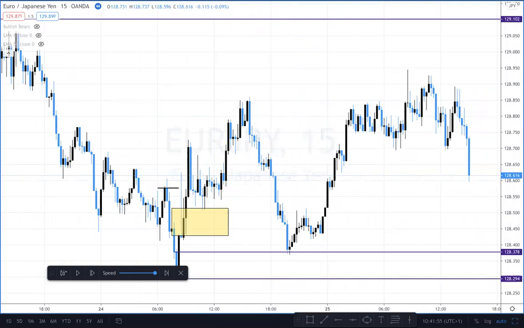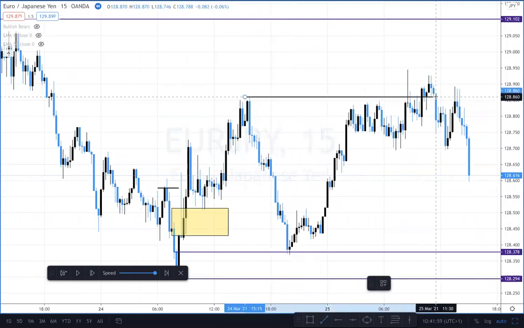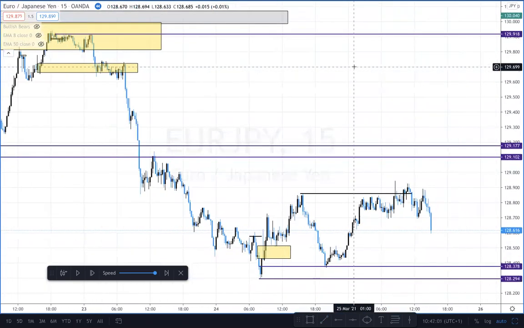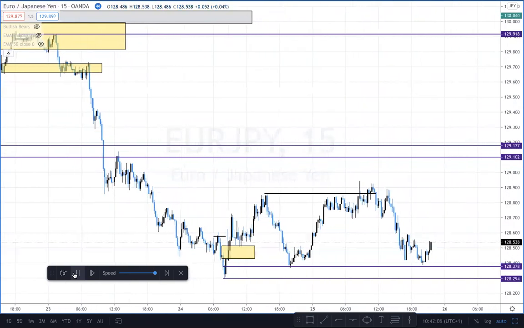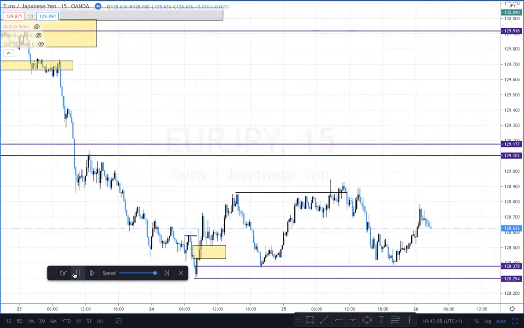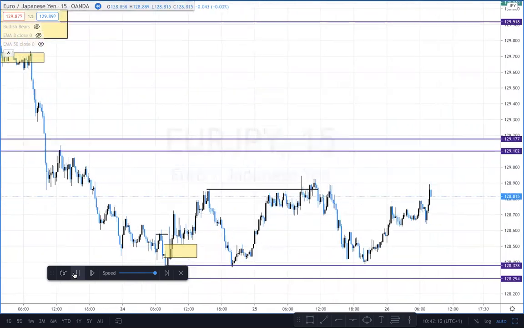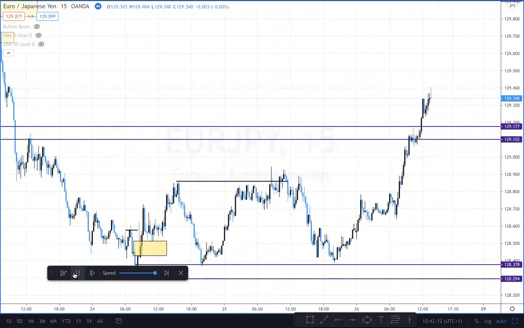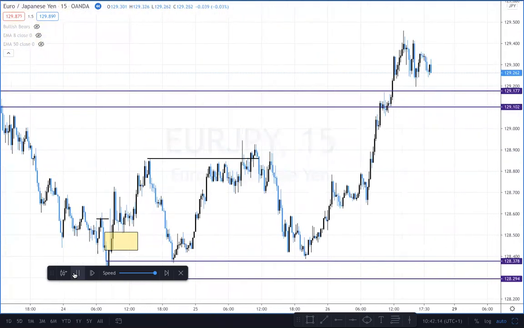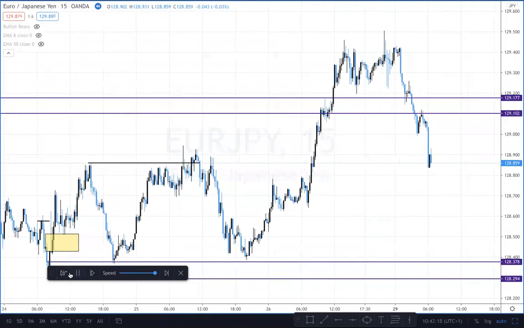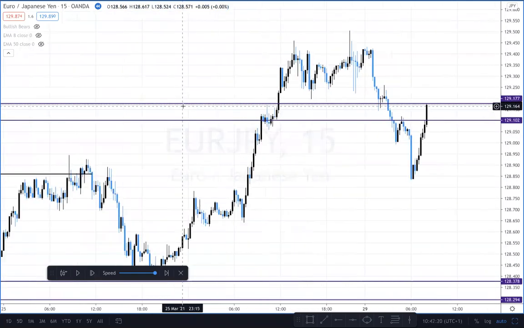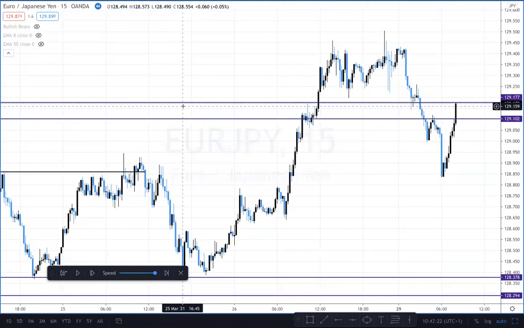Your first target up here. You've hit your target with that same pair. And there you go. Some more profit from the institutional area, some more profit from that same institutional area.